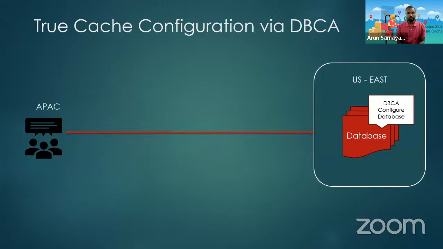Like we have seen earlier, imagine you have a database sitting in the US East region, and that is where you would run DBCA to configure the database.